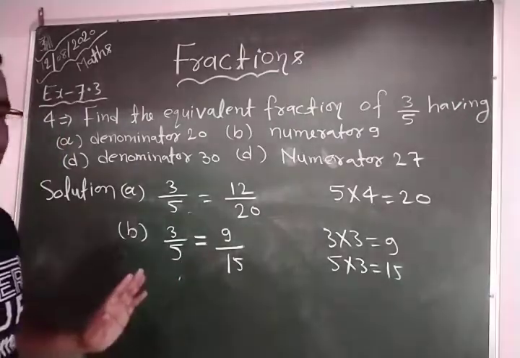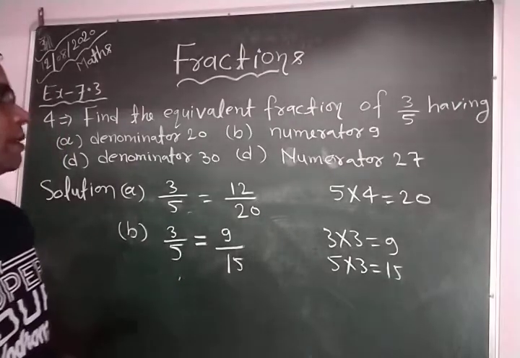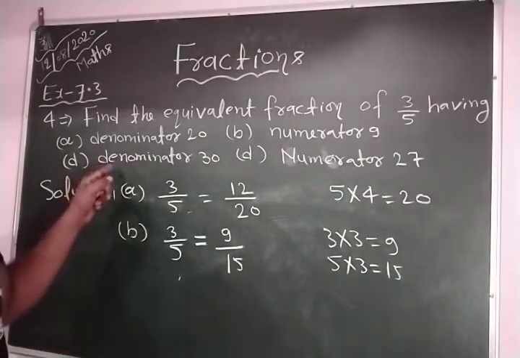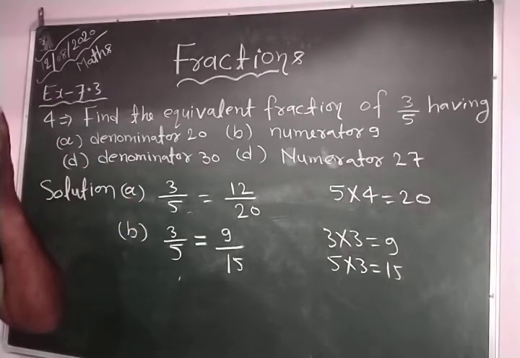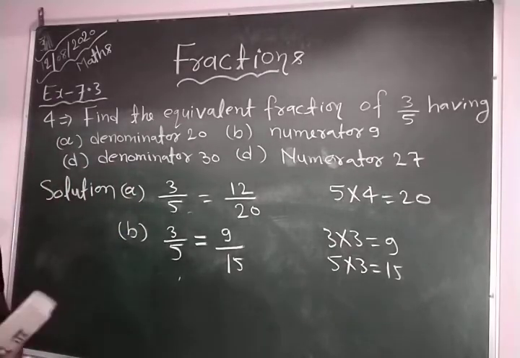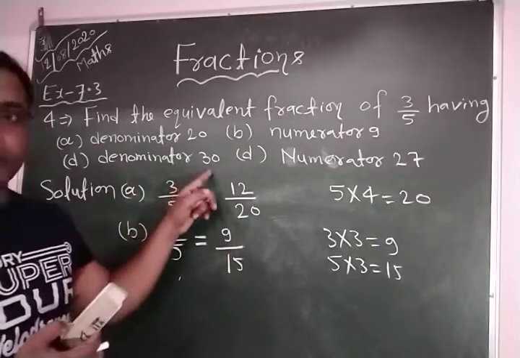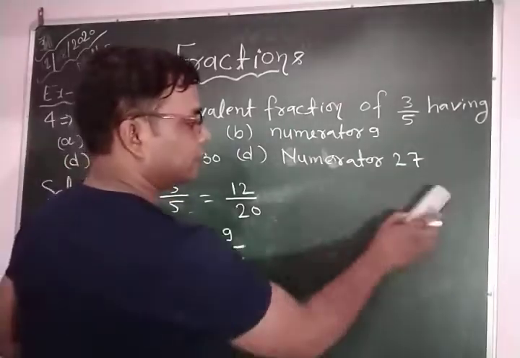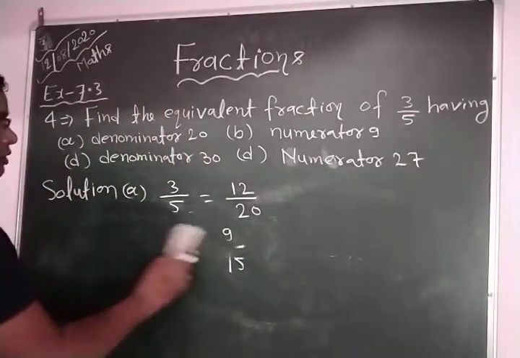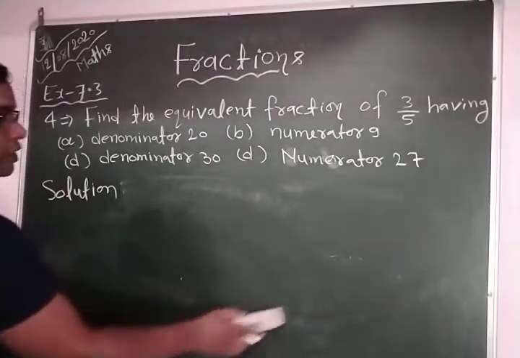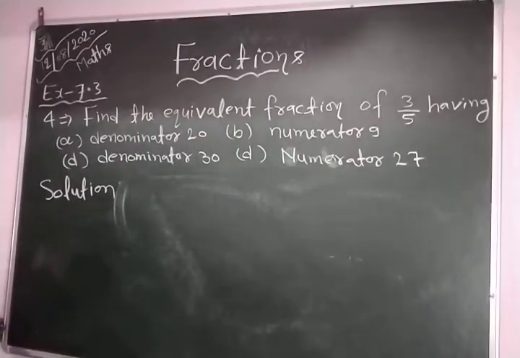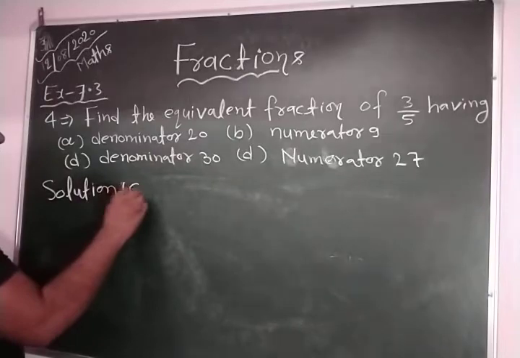Clear? Now the next part, C part: we find the equivalent fraction of 3 by 5 whose denominator is 30. So let's see how to do that. This is the C part.